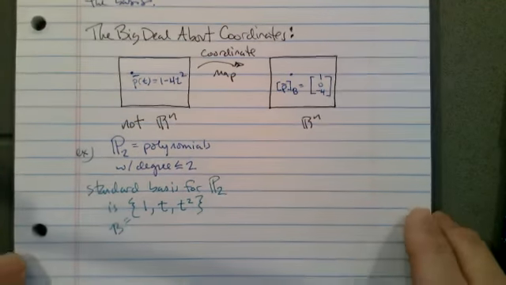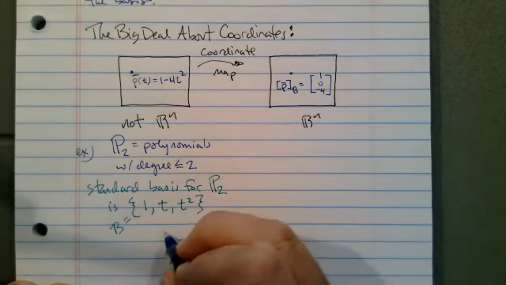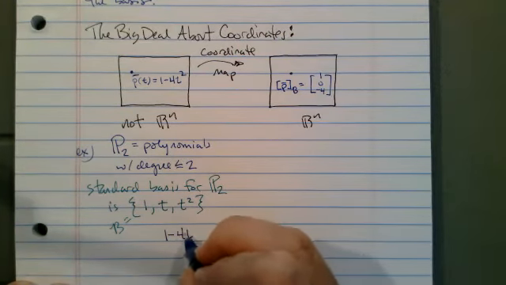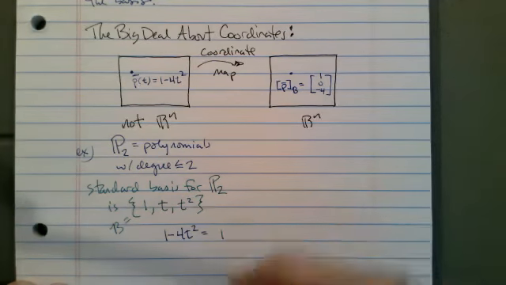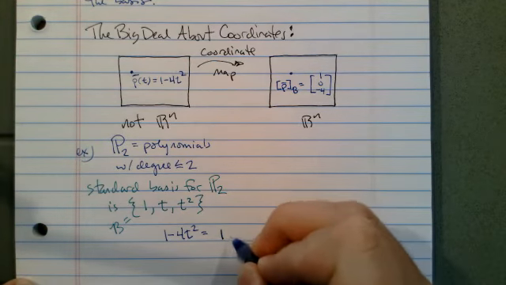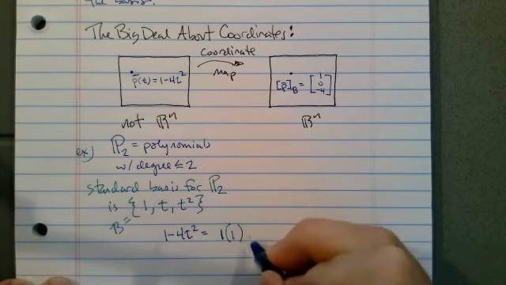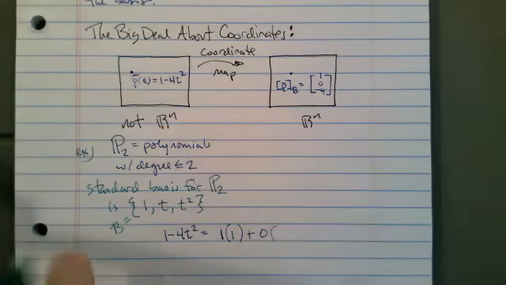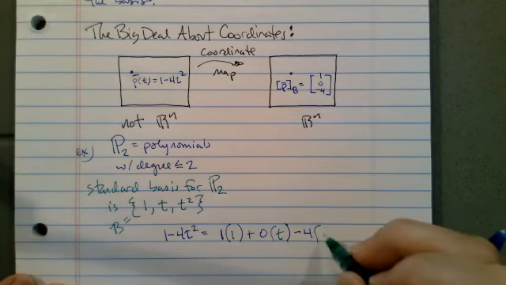So the polynomial 1 minus 4t squared is 1 times the first basis vector, which is 1, plus 0 times the second basis vector, which is t, minus 4 times the third basis vector, which is t squared.